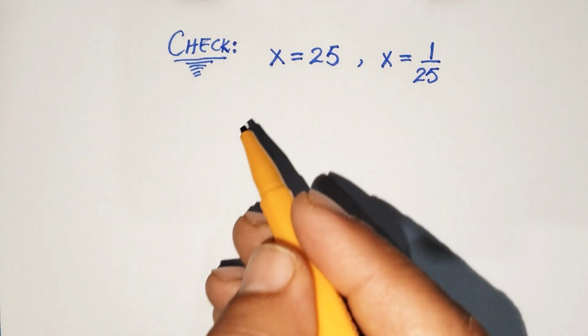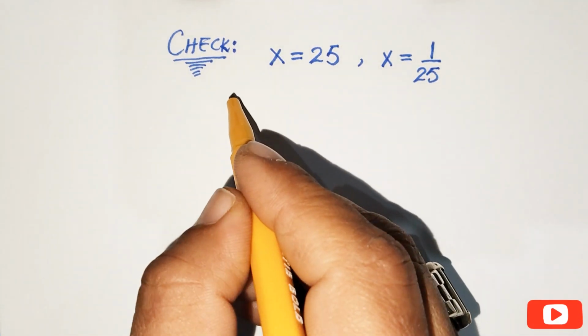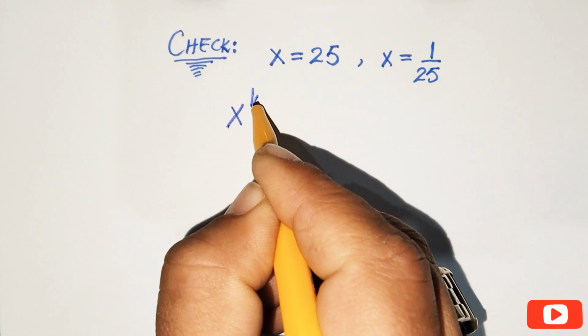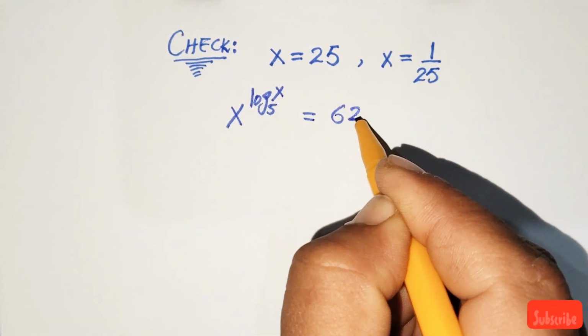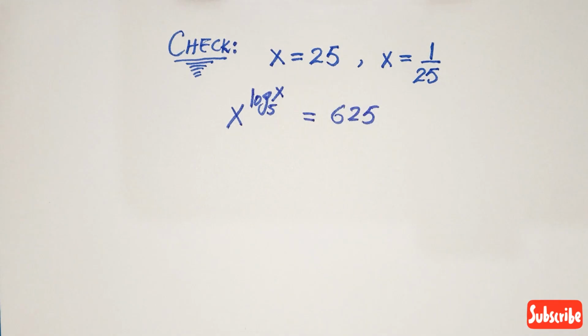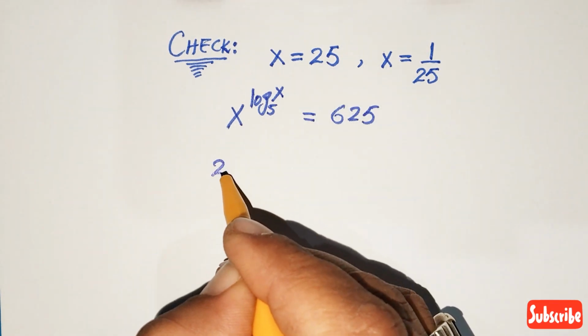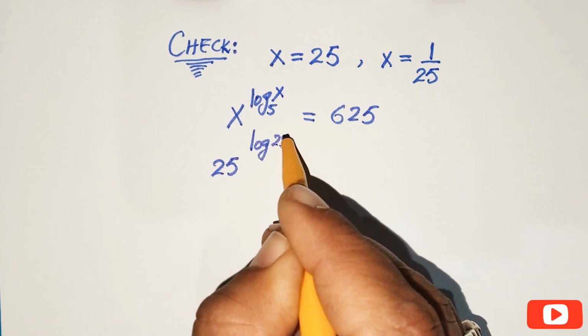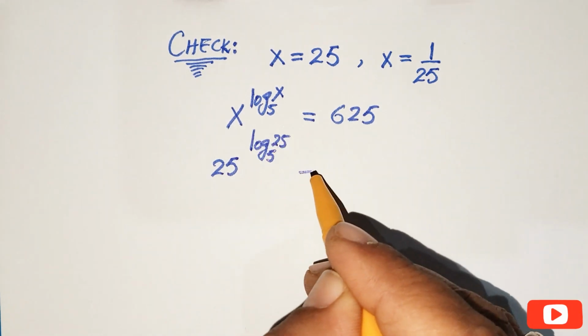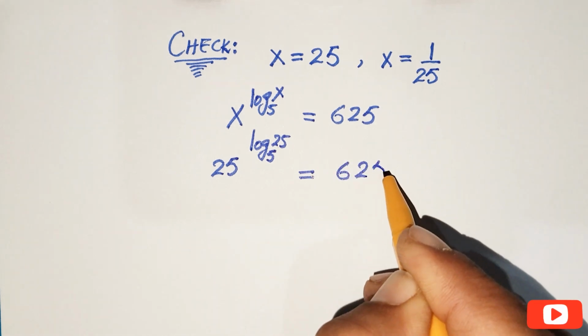Let's verify our result. When x is equal to 25, recalling our problem, which is x to the power log x with base 5, equal to 625. So putting x is equal to 25, here 25 raised to the power log 25 with base 5 is equal to 625.